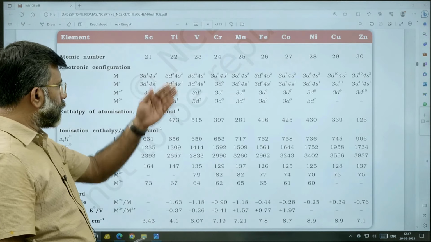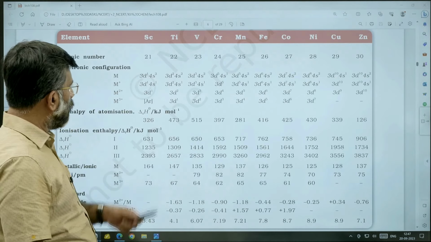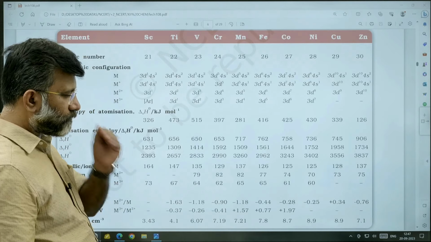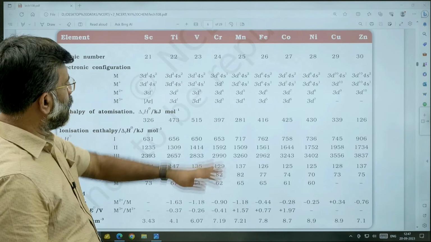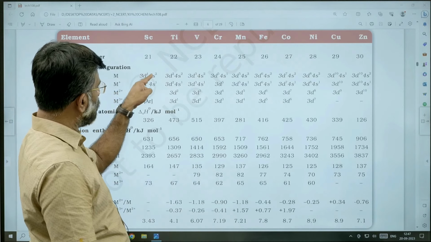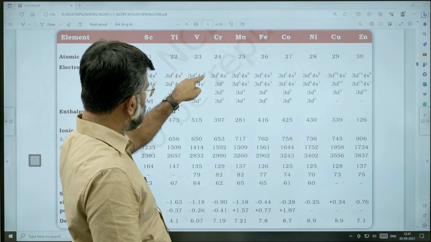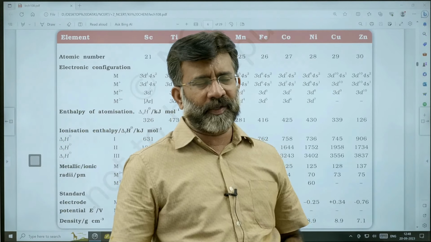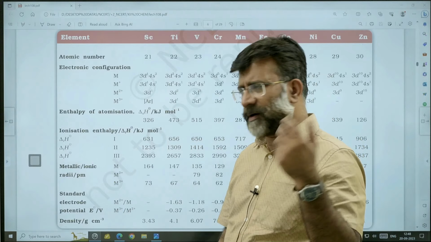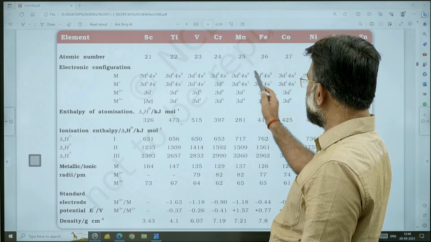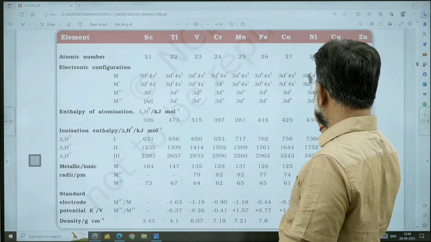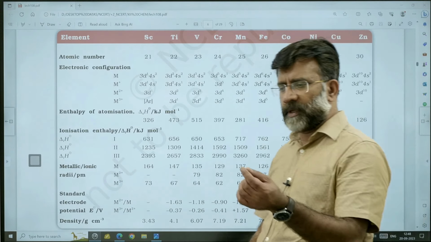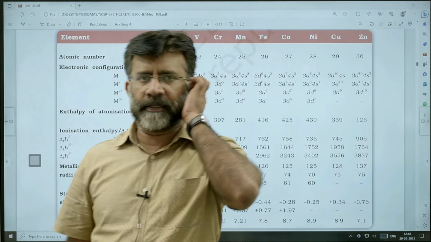You can see the electronic configuration starting from scandium to zinc: d1s2, d2s2, d3s2, d5s1. In chromium, there is a difference in the electronic configuration, already discussed. Then d5s2, d6, d7, d8, d9s2, and d10s2. So chromium and copper have a difference in electronic configuration.